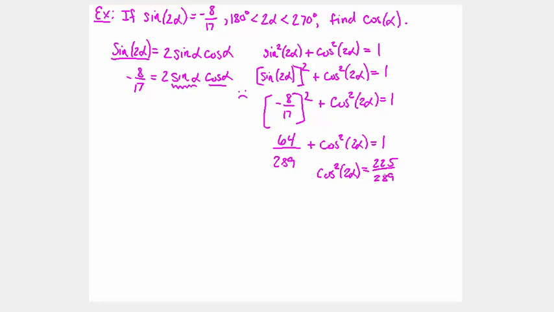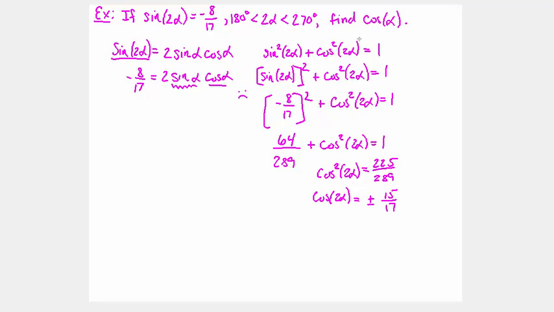Then we'll take the square root of both sides and end up with cosine of 2 alpha would be then plus or minus. We'll have to decide which one we'll use in a minute. Plus or minus, the square root of 225 is 15, and the square root of 289 is 17. Now, let's decide on our sign, the plus or minus, before we proceed here, just to clean this up.